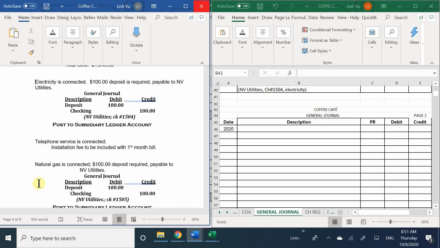Okay. Natural gas is connected, 100 deposit required. Where does it say that a 100 deposit is required? That's for natural gas. Oh, yeah, that's gas. This is telephone.